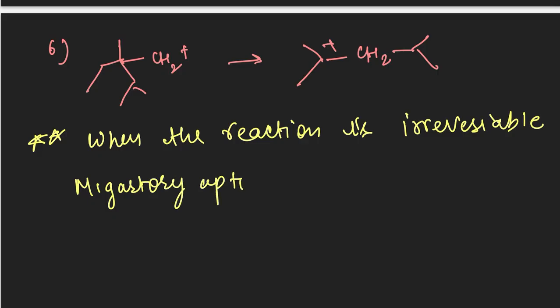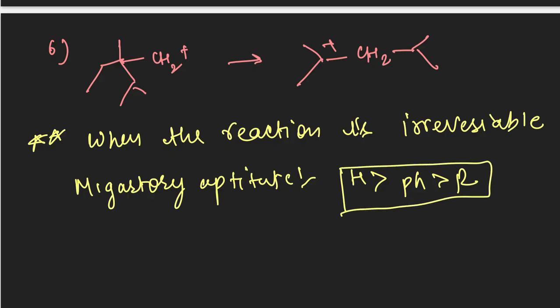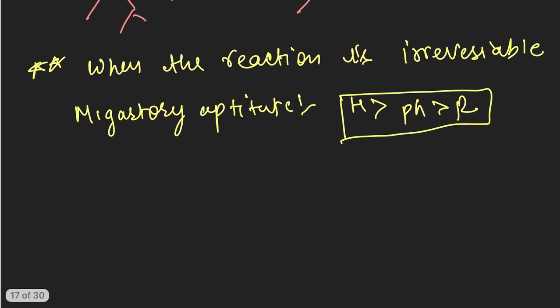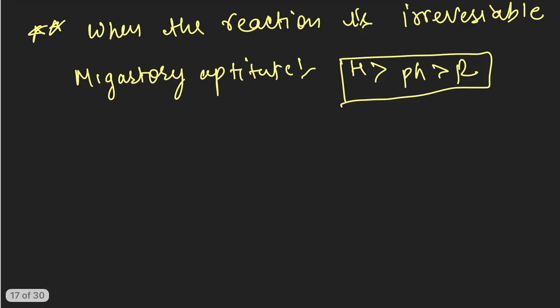What is the migrating order? First hydrogen will shift, then phenyl will shift, then alkyl group will shift. This has to be the order when the reaction is irreversible. Let's say we have an irreversible reaction.